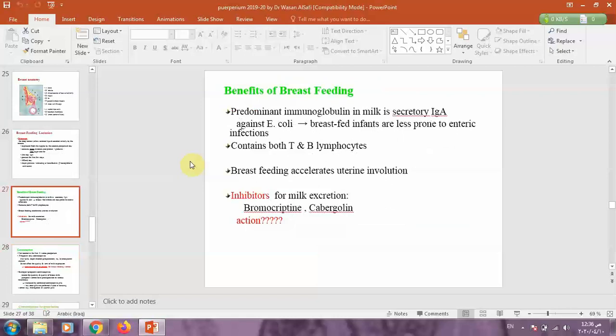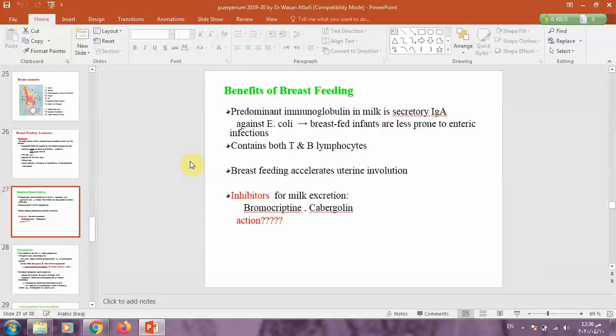The breastfeeding benefits are so many. We have predominance of immunoglobulins, especially secretory IgA, which works against E. coli. So, breastfed infants are less prone to enteric infections.